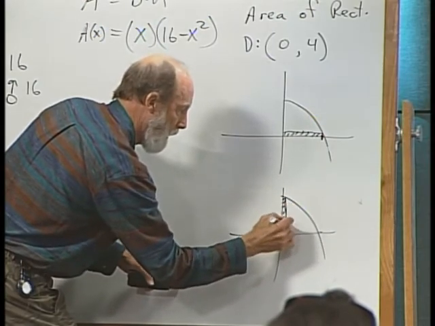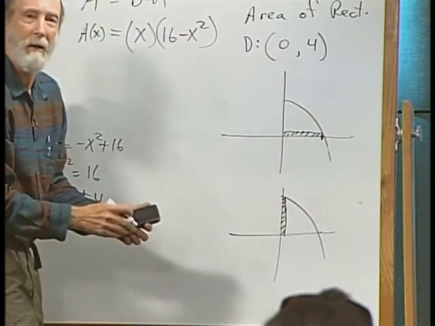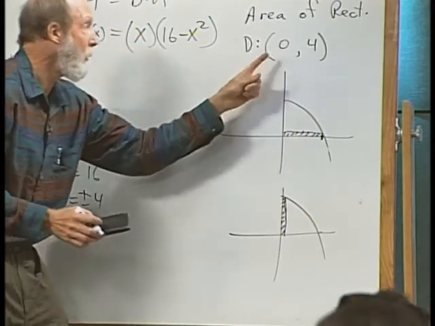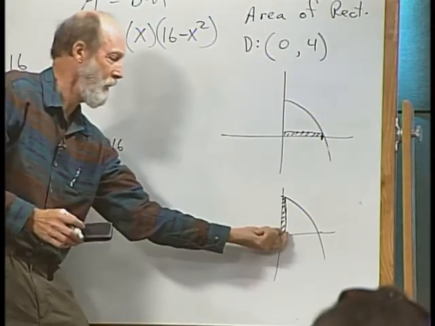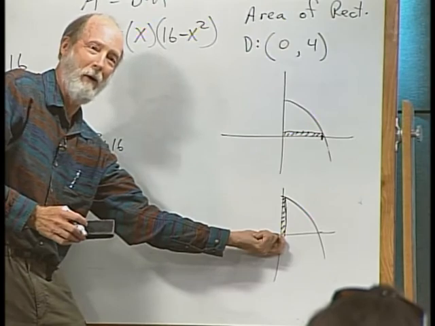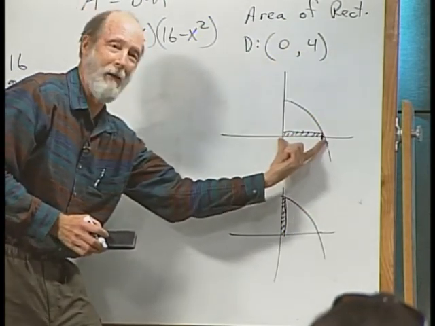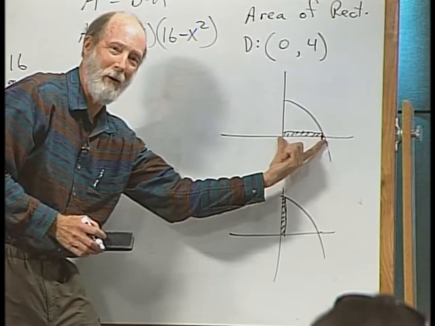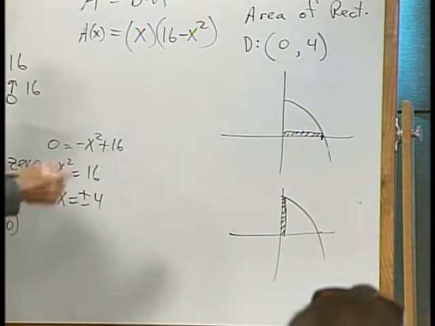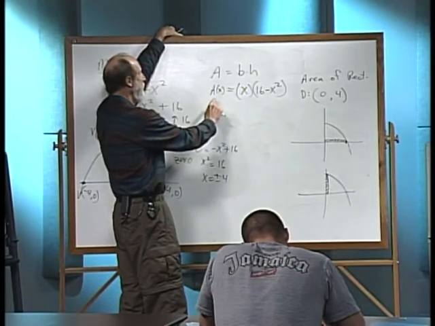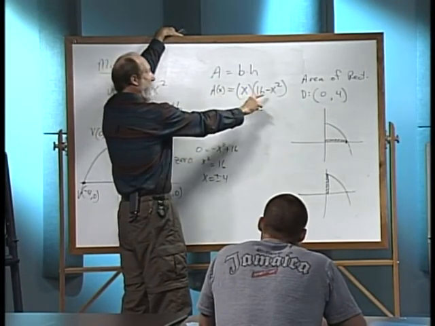If I could draw well, right? And as you get close to 0, what's the area turn into? 0. And if the base gets near 4, the area turns back towards 0 again, doesn't it? Okay. What kind of a polynomial is this?